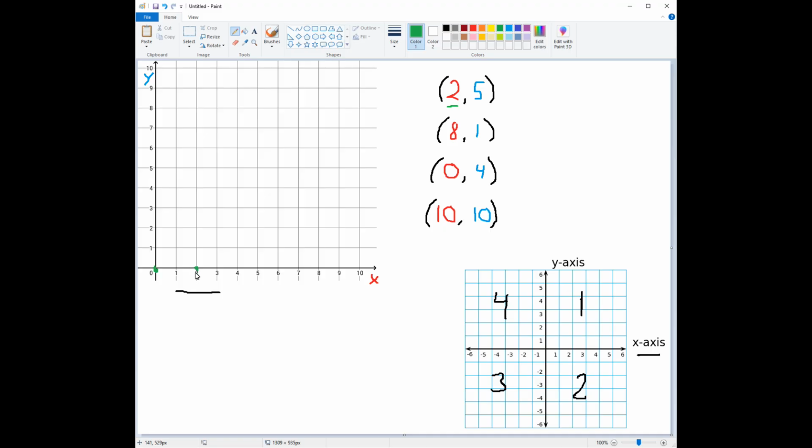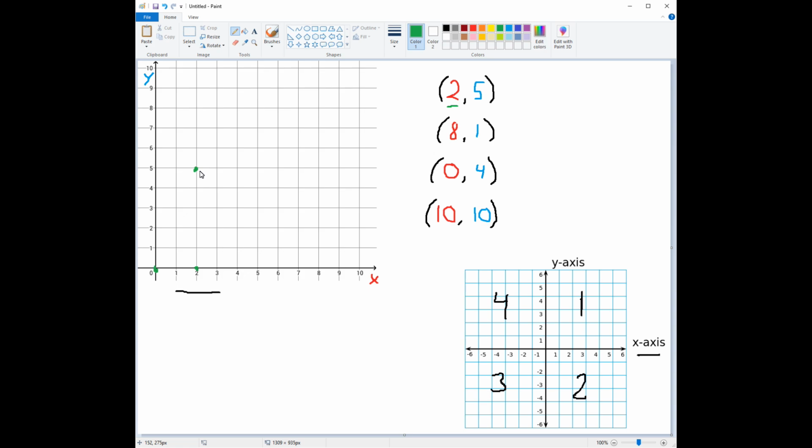And now I have to find 5. So 1, 2, 3, and 4, and 5. So this here is the finish point. This is the coordinate I'm looking for. This is (2,5) on the grid. And that's it. I'm done. I have my point, my coordinate.